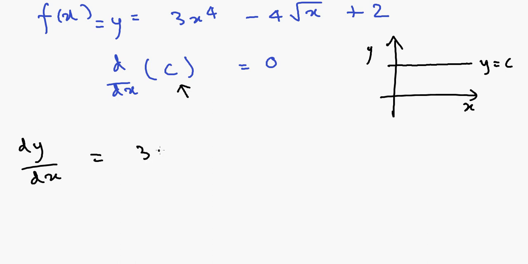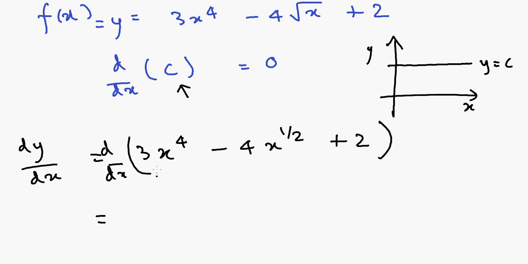Okay, let's write out the terms again, just for convenience. 3x to the power 4, there's nothing which can be done about this, minus 4, we should write d/dx of this, 3x to the power 4 minus 4 x to the power half, this is what you're going to write, plus 2. Okay, now I start differentiating. First term, 3 times 4 times x to the power of 3, remember, minus 1.